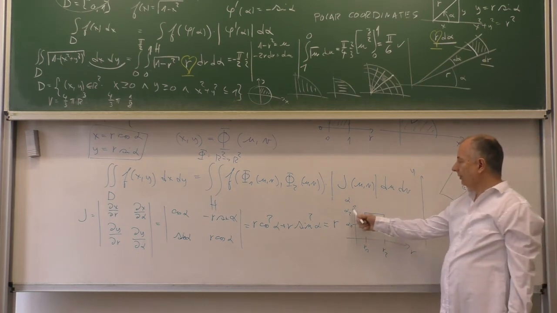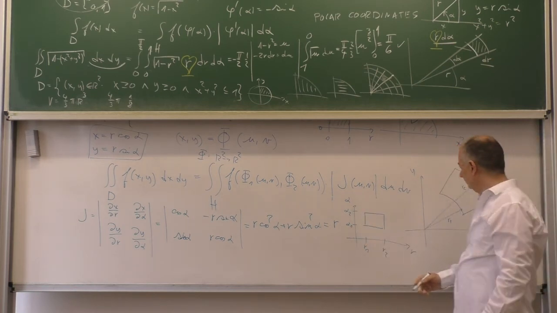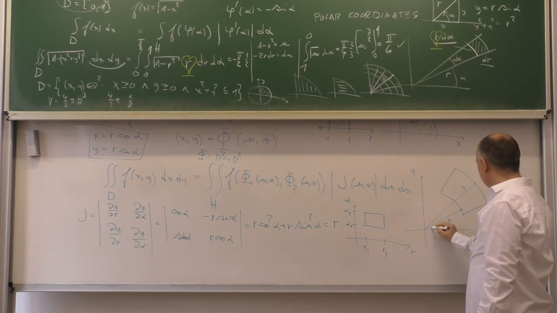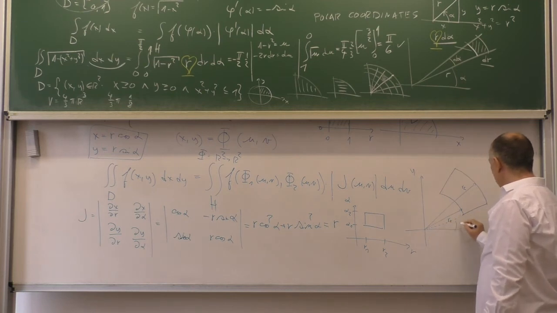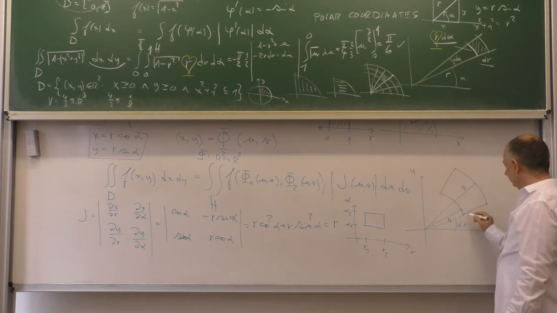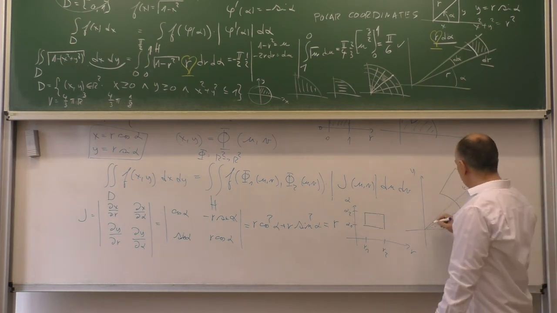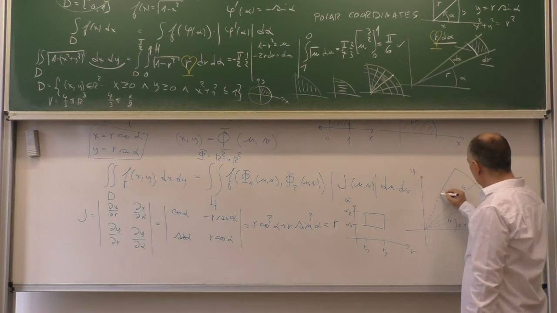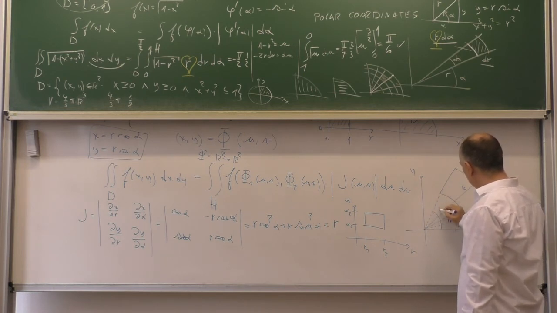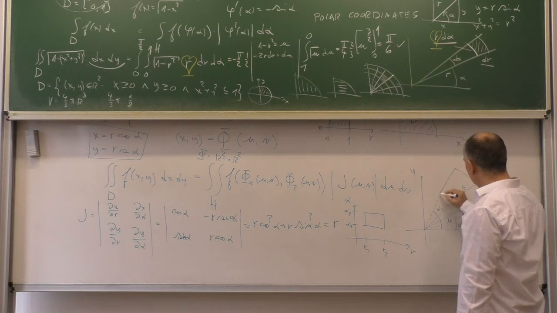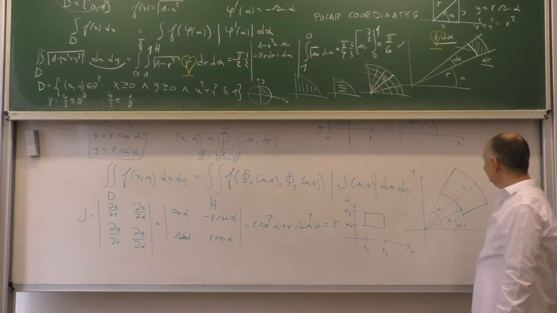And alpha, that measures the angle, starts at alpha 1 on this side and goes up to alpha 2, which corresponds to this side.